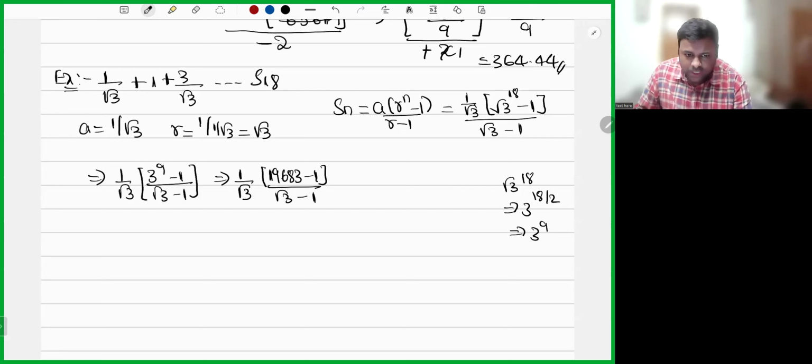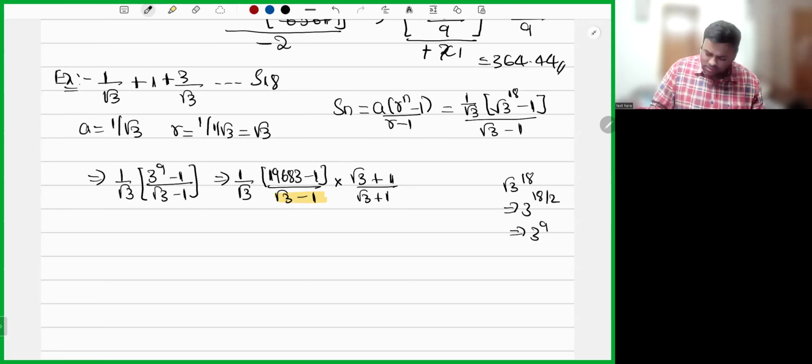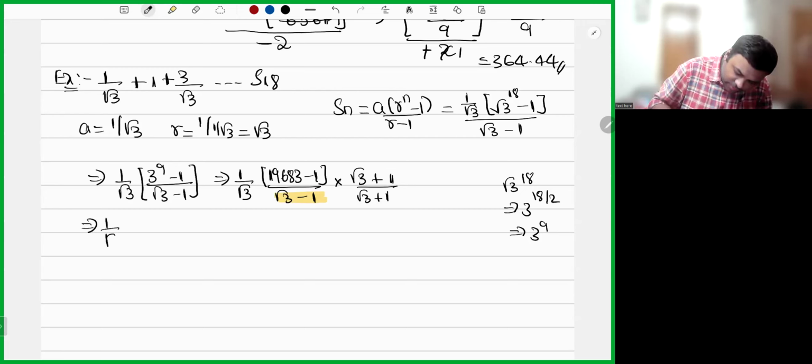Now, my dear friends, in the denominator we have root 3 minus 1. Can we rationalize this? Yes, we can. How? Multiply and divide by root 3 plus 1. That is rationalization. So 1 by root 3 into 19,683 minus 1.